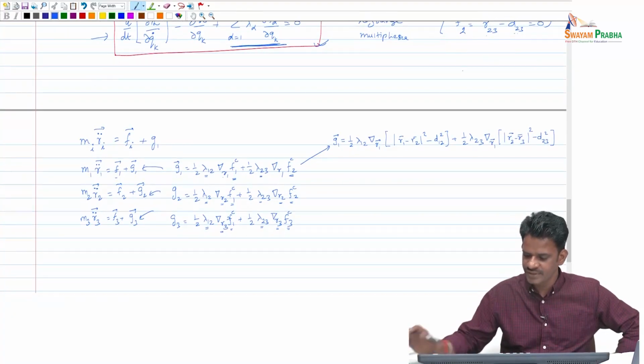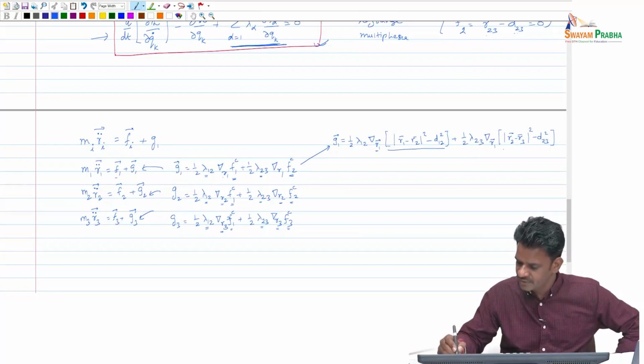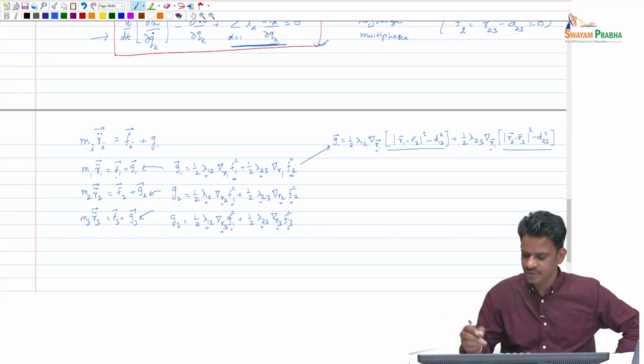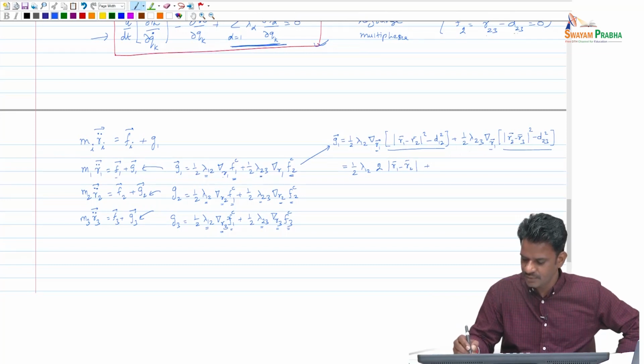So now all we have to do is differentiate this function with respect to R1, similarly differentiate this particular function with respect to R1, and you will see that in this case you get 1 by 2 lambda 12 times 2 times (R1 minus R2), and this will be 0, and then you have 1 by 2 lambda 23, and if you look here, none of these terms are a function of R1, these are all functions of only R2 and R3, so this is going to be 0.